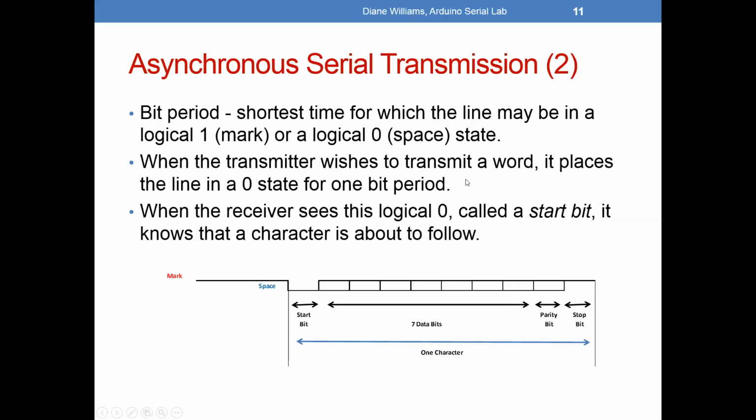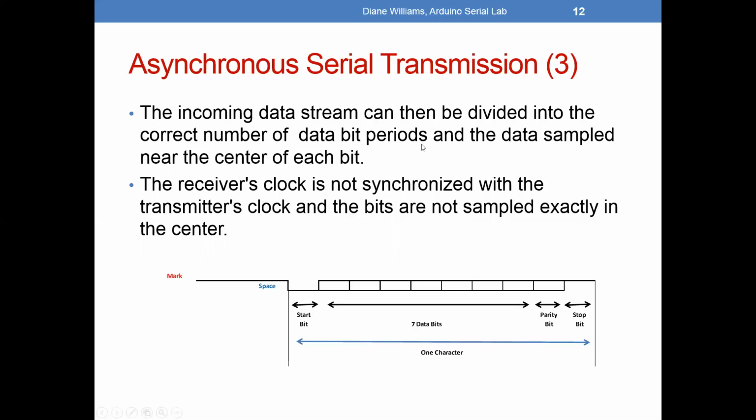When the transmitter wants to start transmitting a word, it places the line in the 0 state. So this goes from the mark, or the 1, to the 0 state for 1 bit period, whatever that period of time may be. When the receiver receives this logical 0, called a start bit, it knows that data is about to follow. Then the rest of the data stream is divided up into these different bit periods.